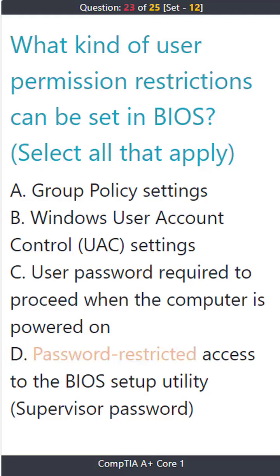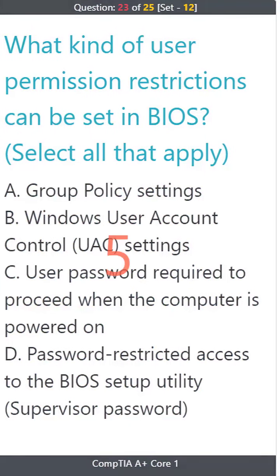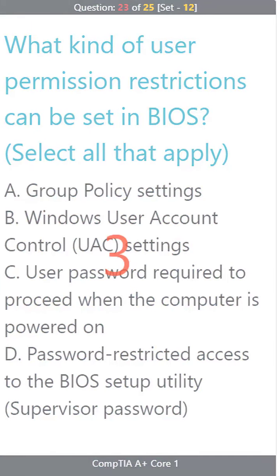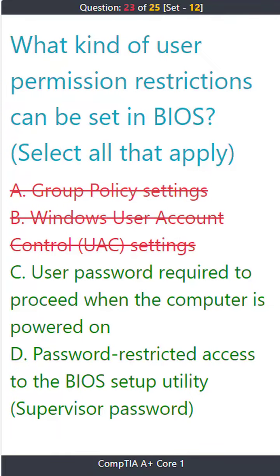D. Password restricted access to the BIOS setup utility, supervisor password. The correct answers are C. User password required to proceed when the computer is powered on. D. Password restricted access to the BIOS setup utility, supervisor password.